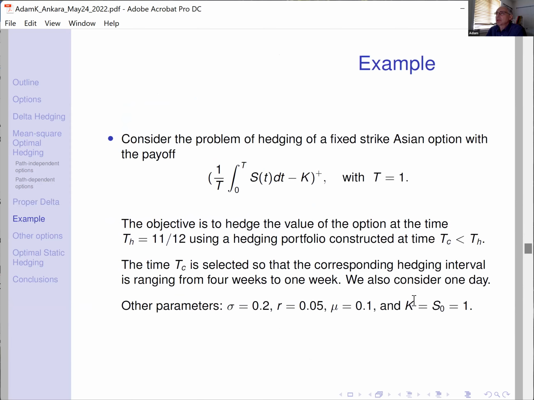And maybe finally just an example. Suppose that now we are looking at a fixed strike Asian option over 1 year. I want to hedge the value of this option at time, so this is month 11. And I am looking at different lengths of the hedging periods.